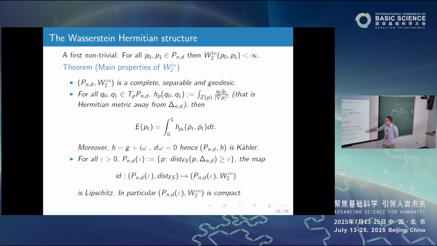So here, let's say the good news. The bad news so far is that, for instance, the compactness property of this metric space is not clear so far.